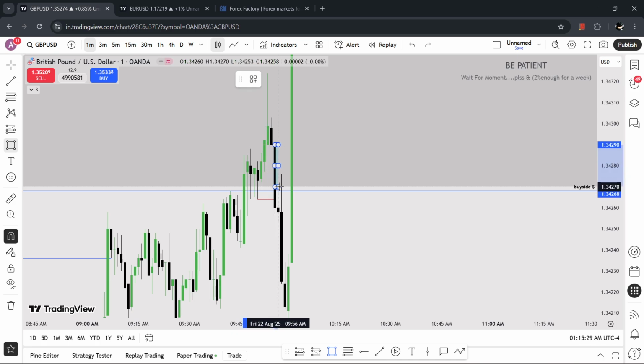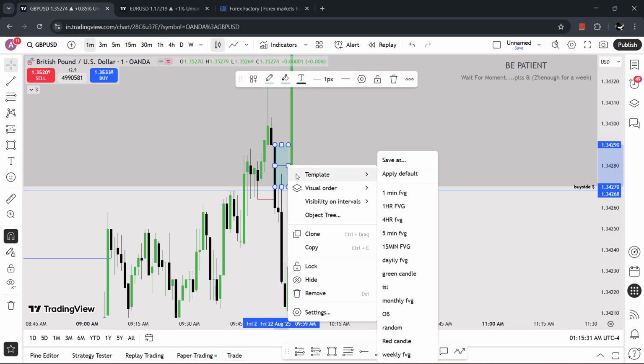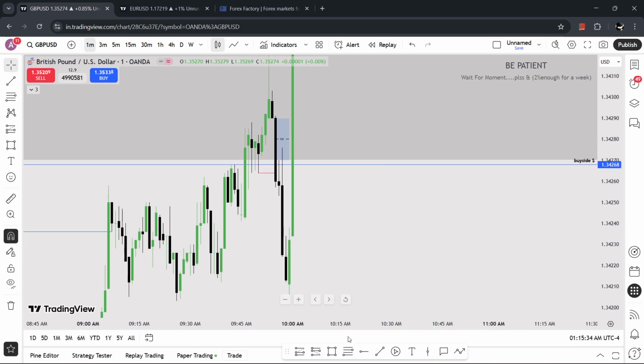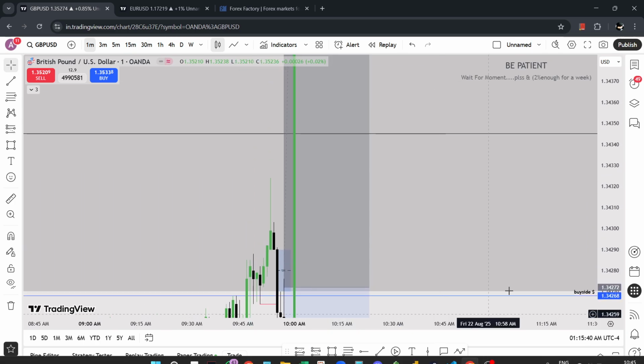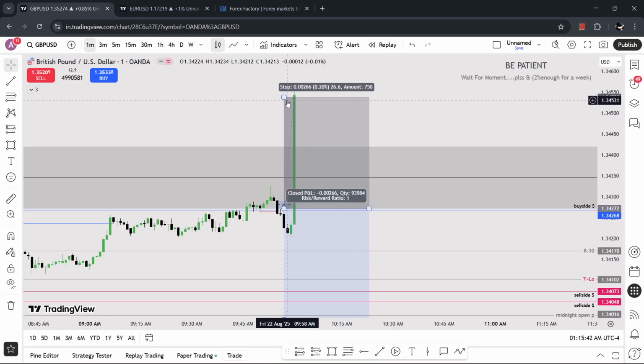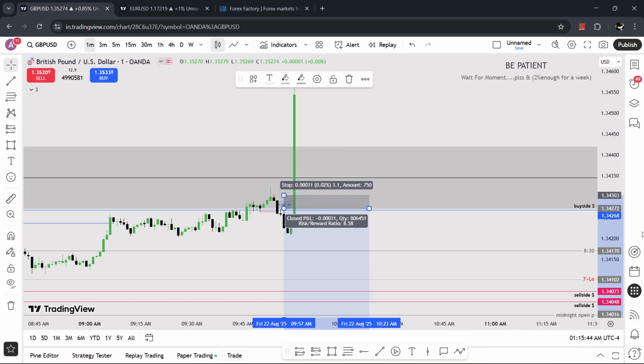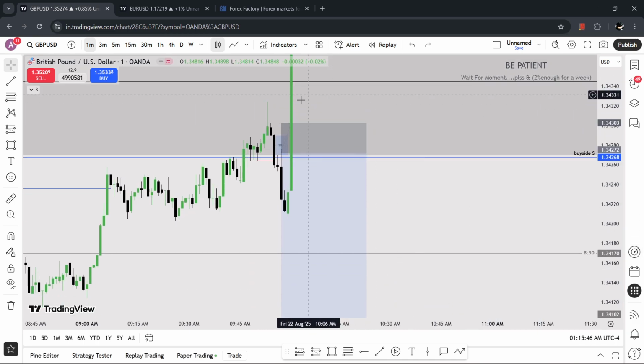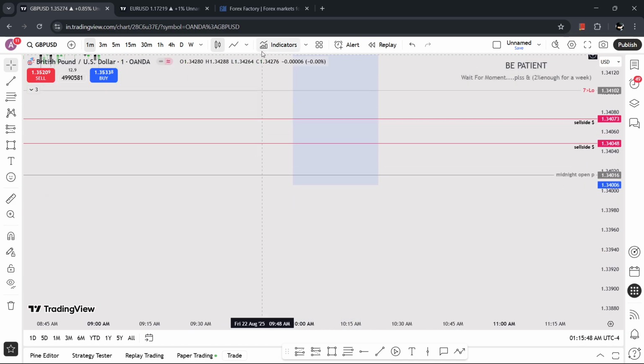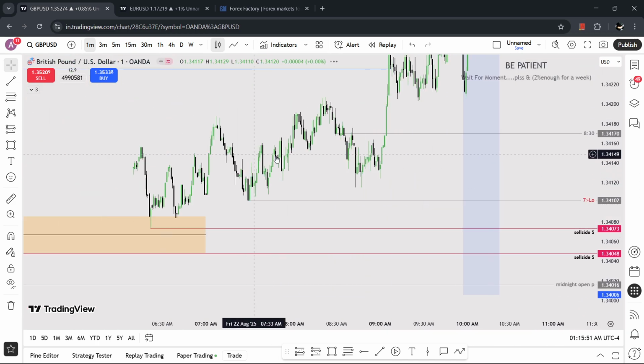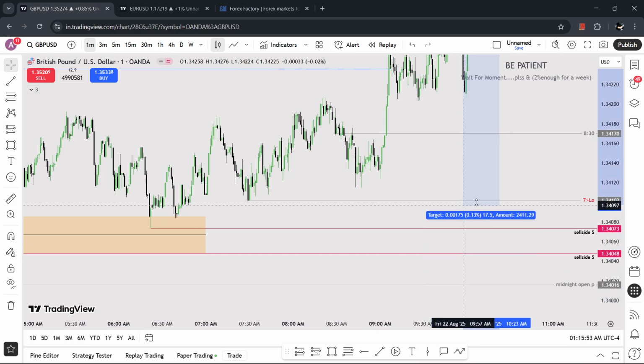You have just a 1 minute fair value gap. That's the simplest entry there. Stop loss around 30 pips, and targeting either this 7 o'clock low or this sell side.